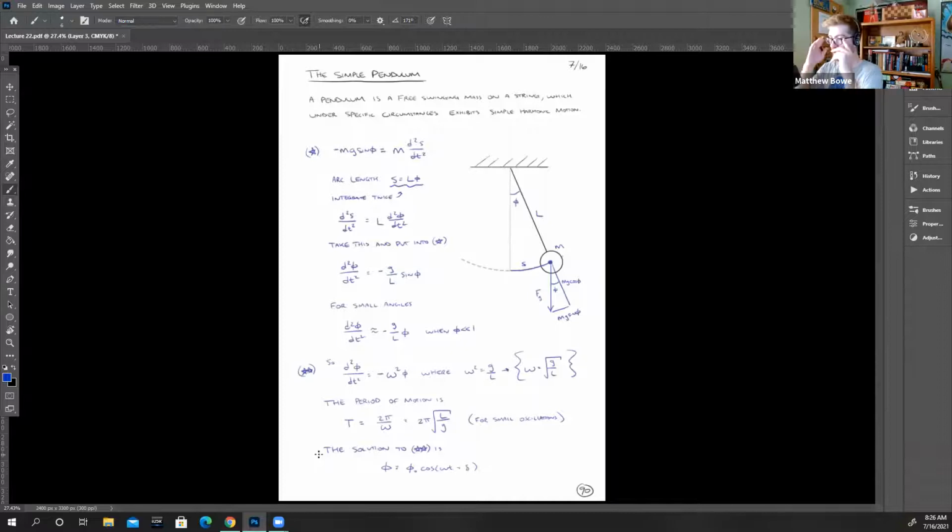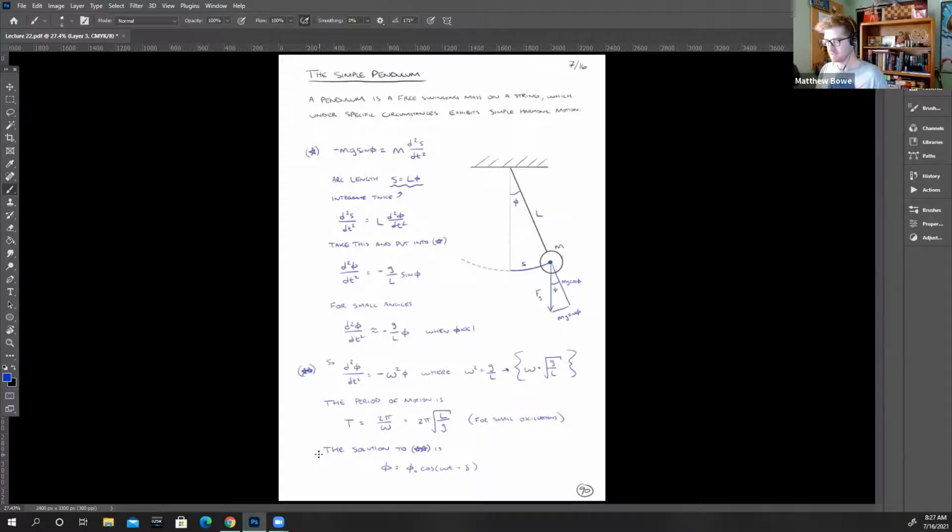Think of a person on a swing set. If you are displaced just a little bit, you will have this simple harmonic motion that will only depend on the length of the swing, or the thing connecting you to the pivot point.